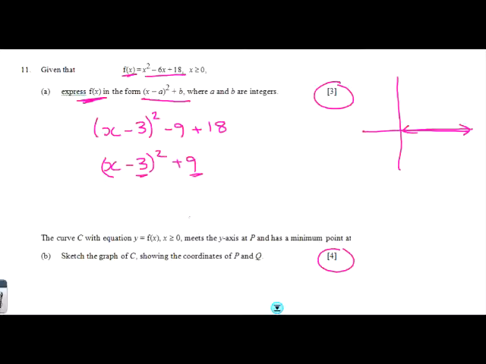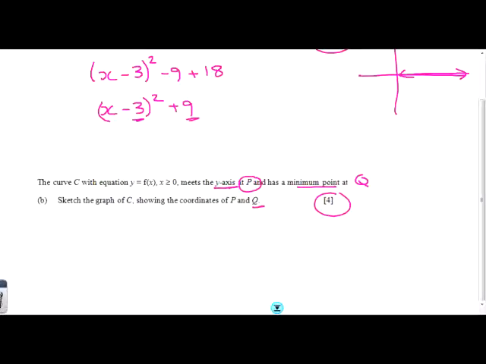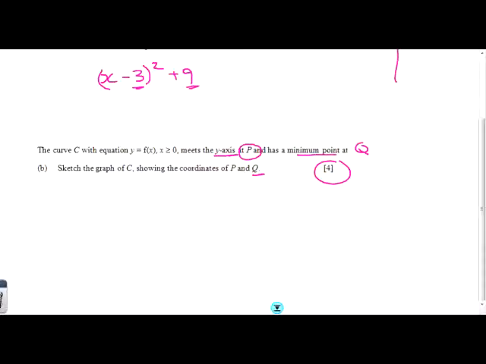They're whole numbers. So this curve meets the y-axis at point P, and it has a minimum point at, and I've accidentally cut something off there, but it's definitely Q because it says Q down here. So I'm just going to move this up a tad so we can still see this answer from above. So if you didn't know this, this tells us our vertex, or our minimum point in this case.